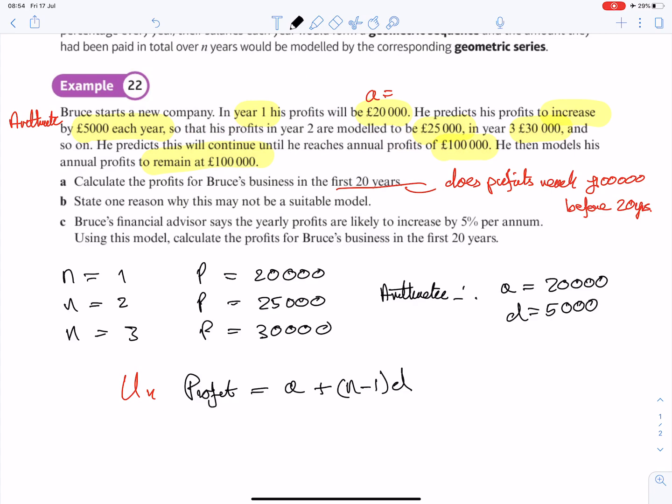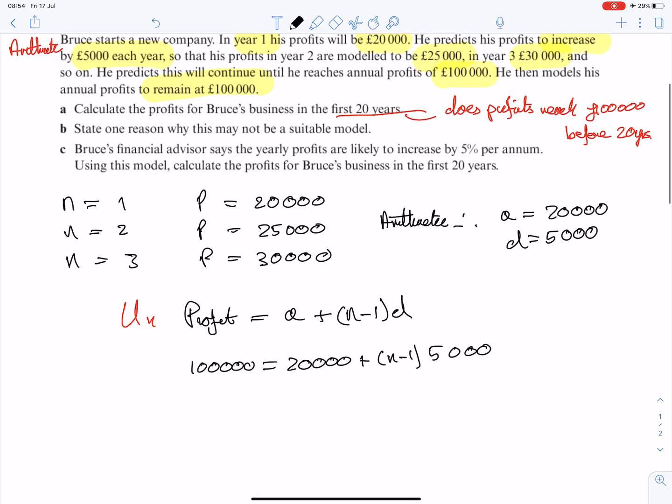We want the profit to be £100,000, starting at £20,000, and it's n minus 1 lots of the difference, which is £5,000. So you've got 80,000 equals n minus 1 times 5,000, divide by the 5,000, so 80 divided by 5, that's 16 equals n minus 1, so n equals 17 years.